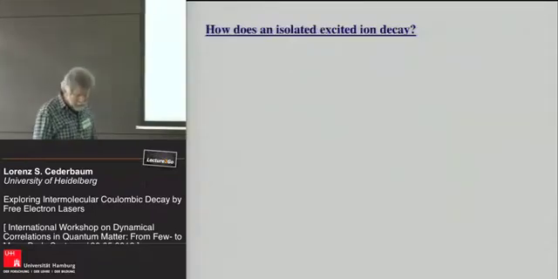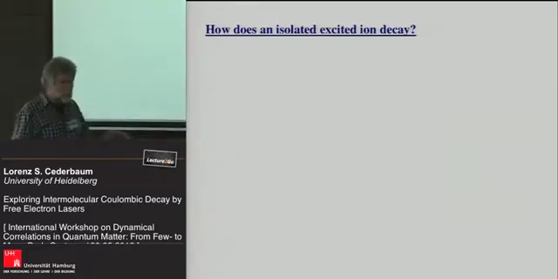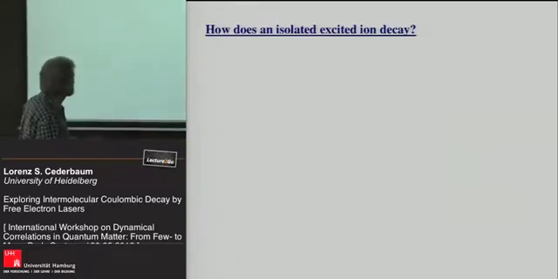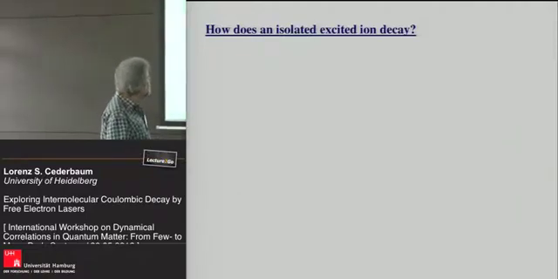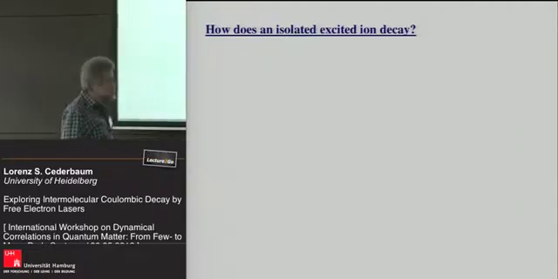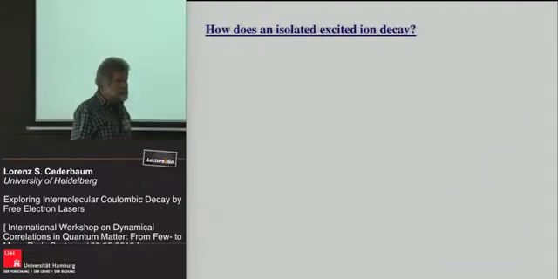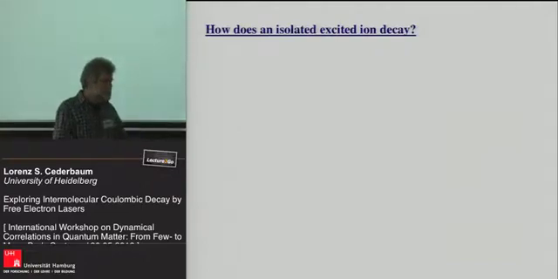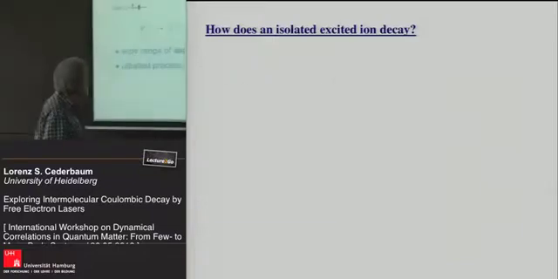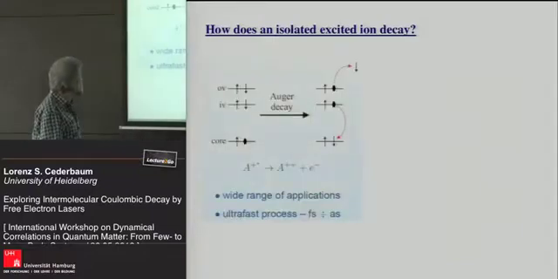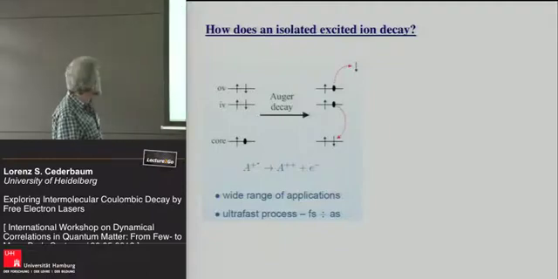Let me start with explaining what we know about an isolated system before I go to a system in an environment. I will concentrate on an excited ion, but in principle it doesn't matter whether you have an ion or a neutral system, but I would like to be specific. If the ion is created by removing a core electron, we all know there is Auger decay.